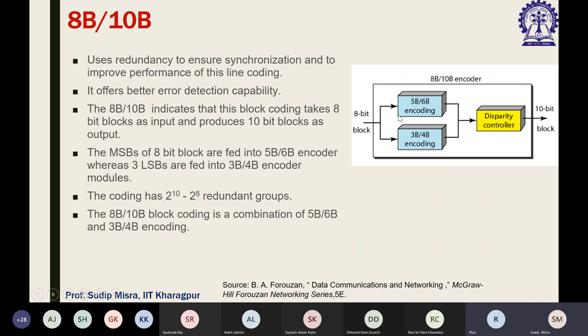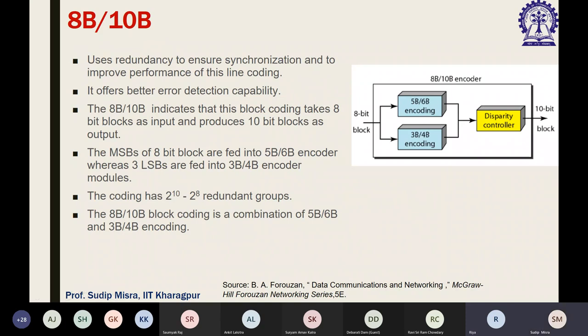After substitution, you are going to get 6b plus 4b equal to 10b. So you are going to get a 10b block, and then all these 10b blocks are put together and transmitted.